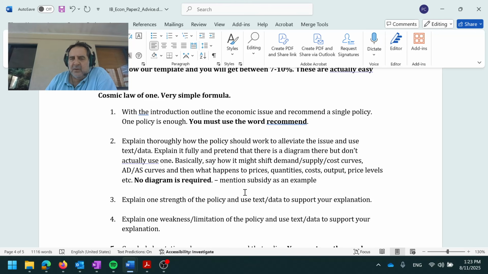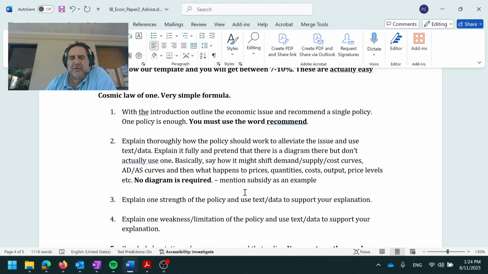But your explanation should try to explain the policy as if there was a diagram there, okay? And that simply means you could be talking about how the policy might shift demand or supply curves, or marginal social cost or marginal social benefit, marginal private cost, depending upon what it is. It could be cost curves.